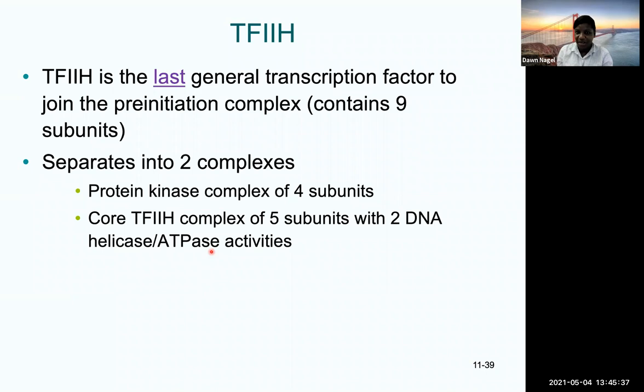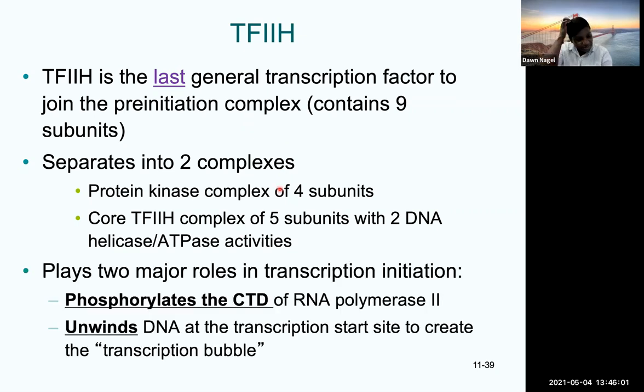So you can imagine that when everything gets added and TF2H is present at the promoter, at the transcription start site, you need to start unwinding some of the DNA. You have that open complex that needs to be formed, and you also need to continue to unwind the DNA. That's where some of these subunits within TF2H become important. TF2H plays 2 major roles, besides the unwinding of the DNA.